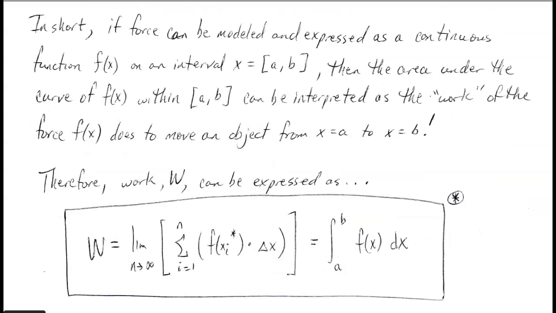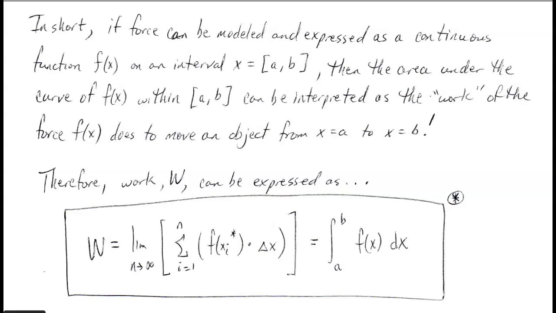So to get straight to the point here, we know that if force can be modeled and expressed by a continuous function, meaning that whatever force is being applied, it may not be constant, but there may not be any breaks in that force acting on that particular object at any given time.